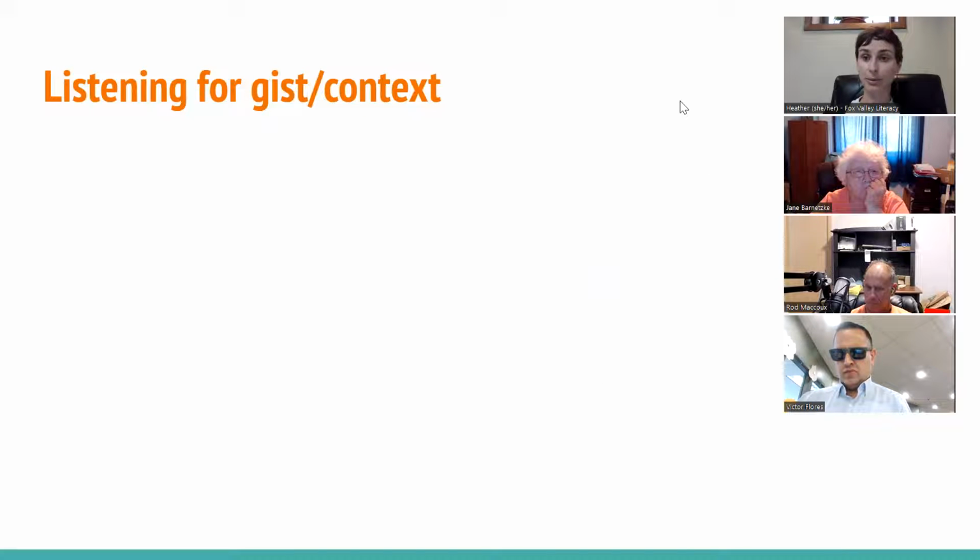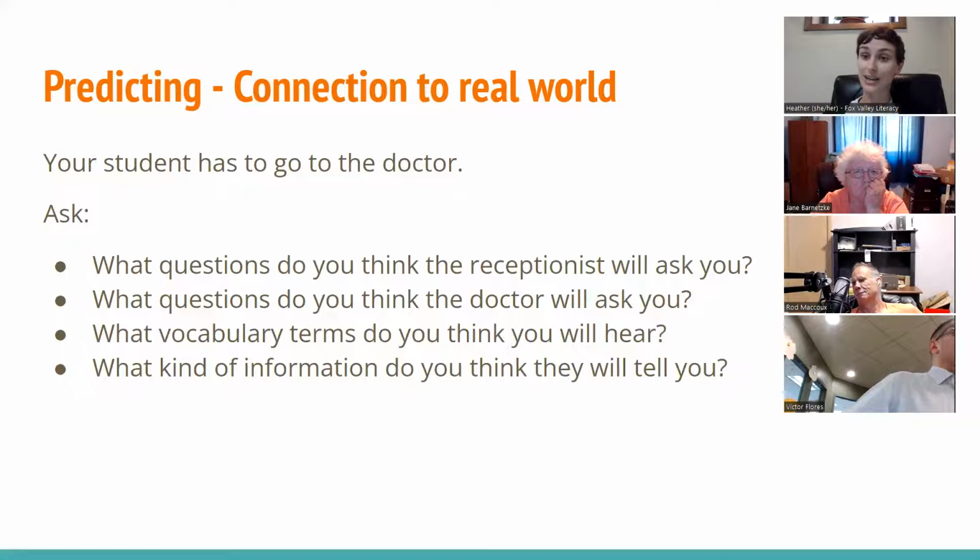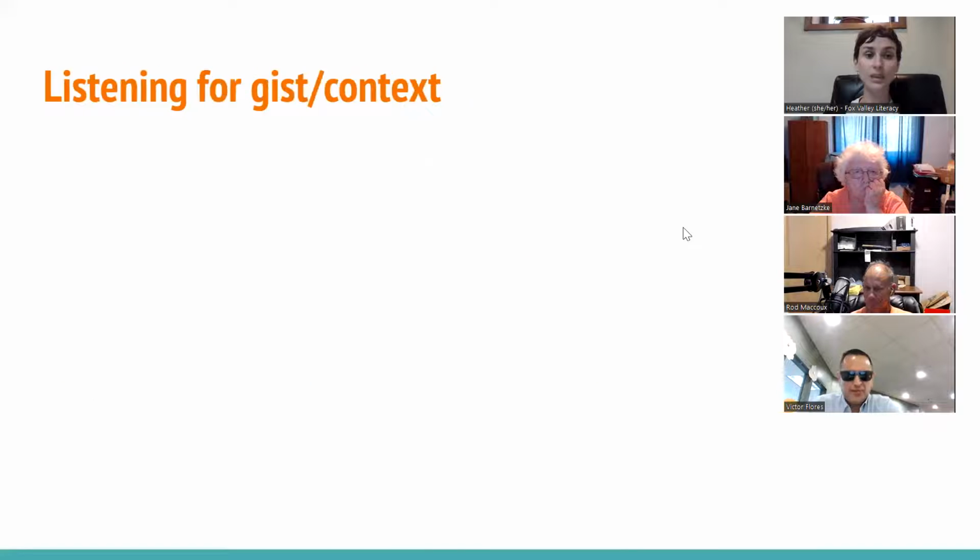So after predicting, then you want to listen for gist. So up to this point, we haven't actually listened to anything, right? We're just imagining, we're kind of brainstorming, getting ourselves in the right mindset. And then listening for gist is the first part in a lesson where you'll actually play an audio, or you'll read something and your student will listen.